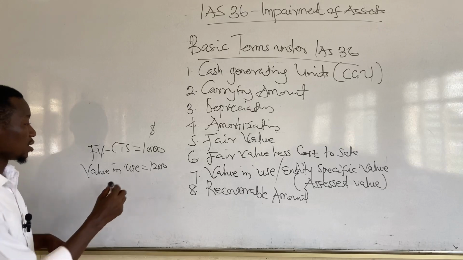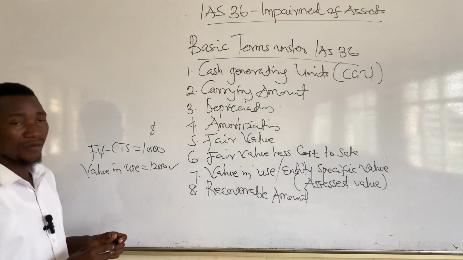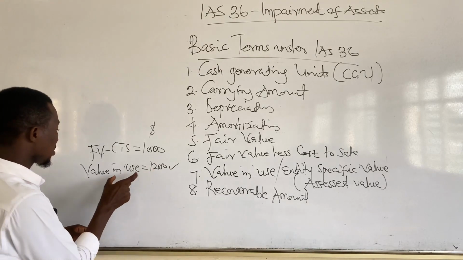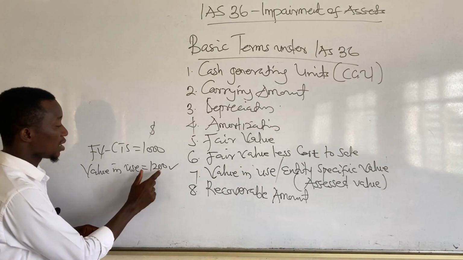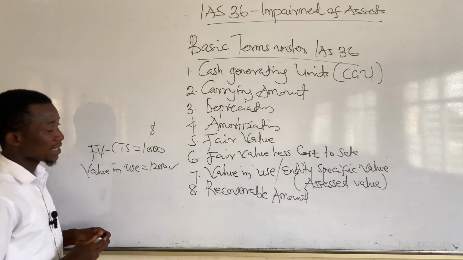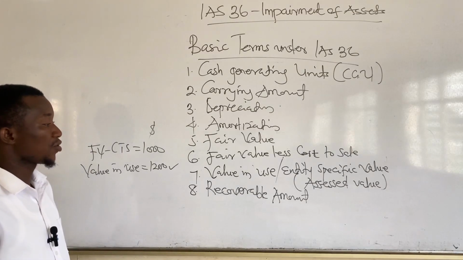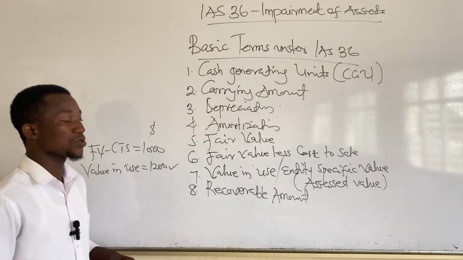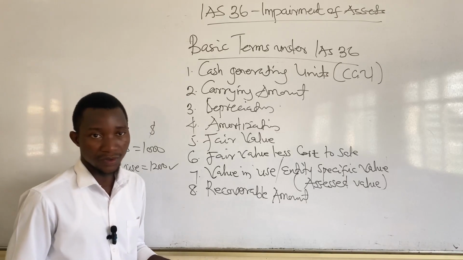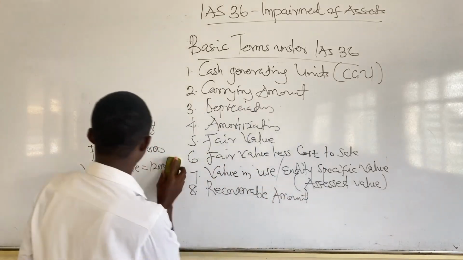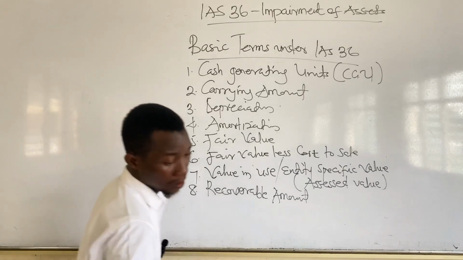Comparing these two, the value in use being 1,200 is the higher. Because the value in use is the higher, we pick the value in use, which is $1,200, as the recoverable amount. So recoverable amount has to do with the higher of fair value less cost to sell and the value in use. Is that okay?